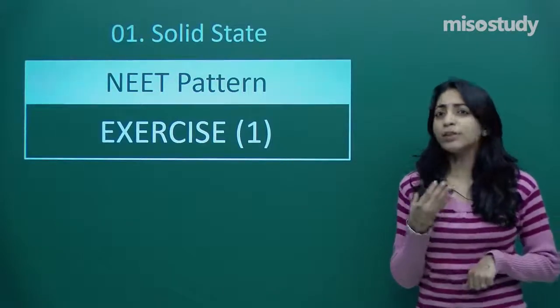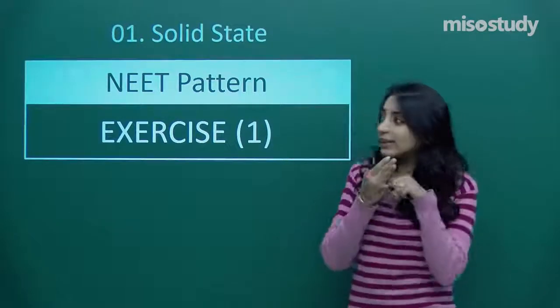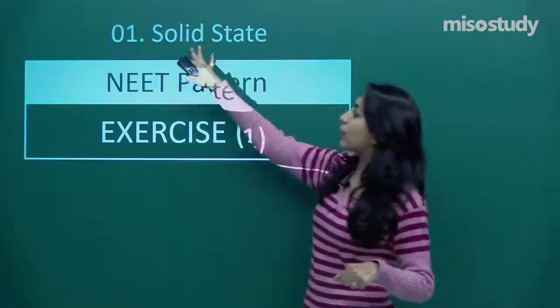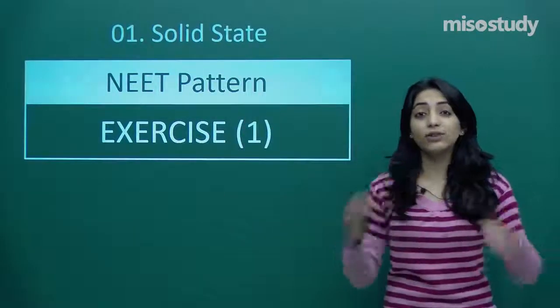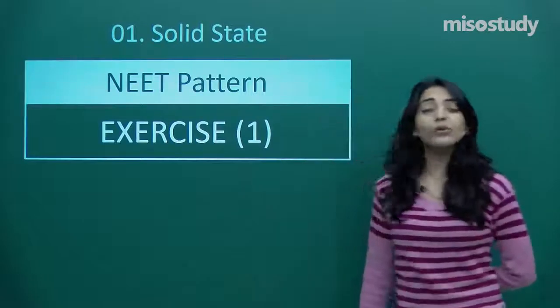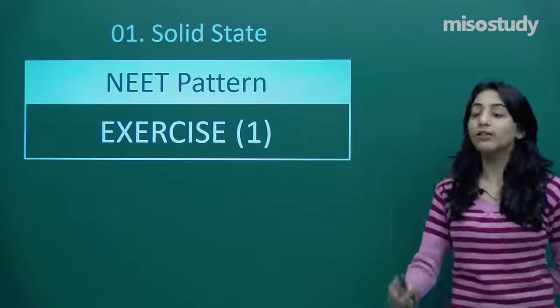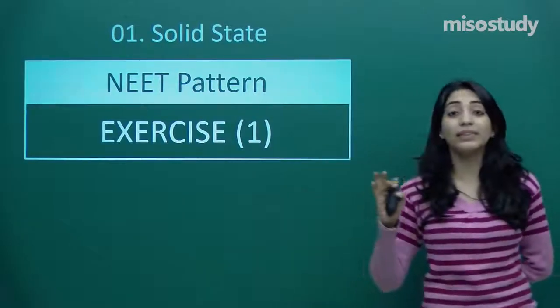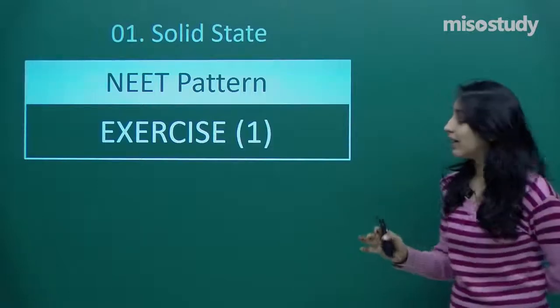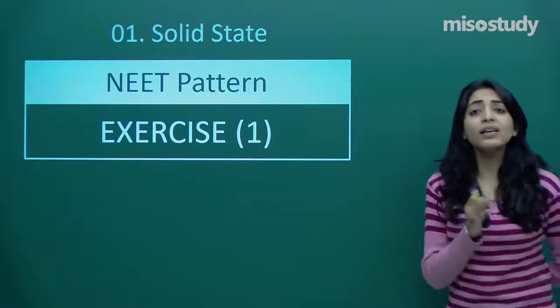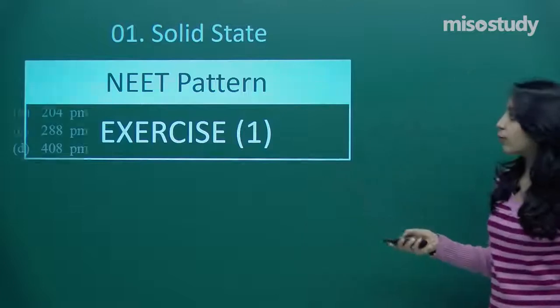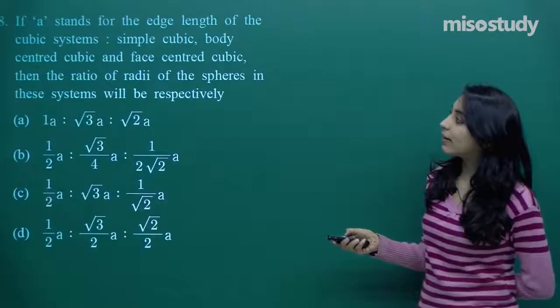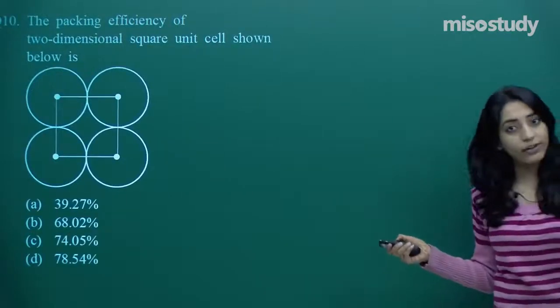As you know, we have already discussed a lot about the chapter solid state. Now it's time that we should be moving on to the question answers from the NEET pattern exercise. I have taken in all 10 questions. Like if you want, I can give you a hint of all the 10 questions that I have given.